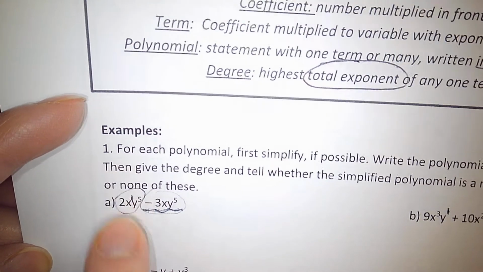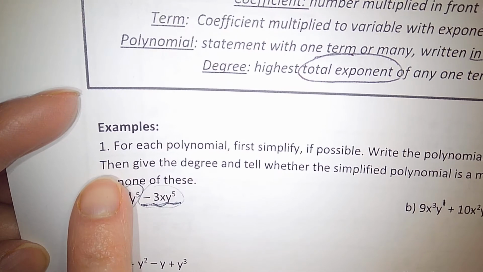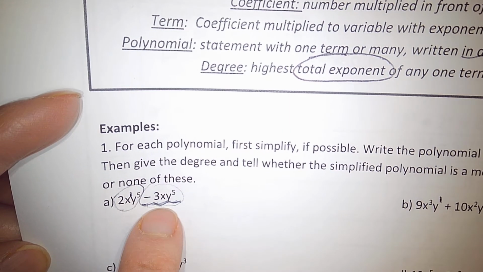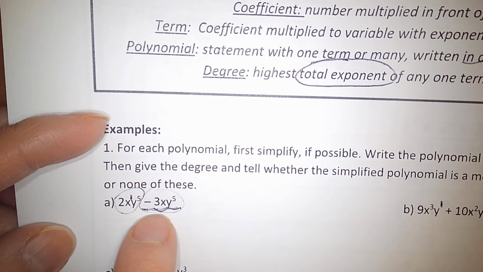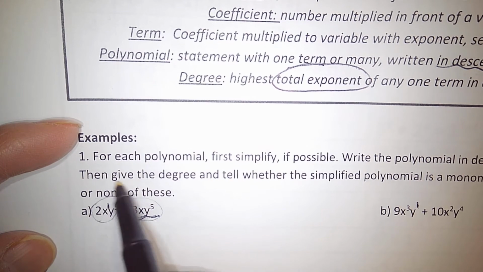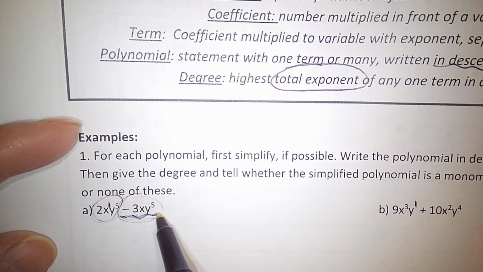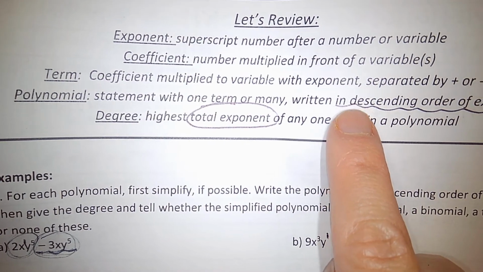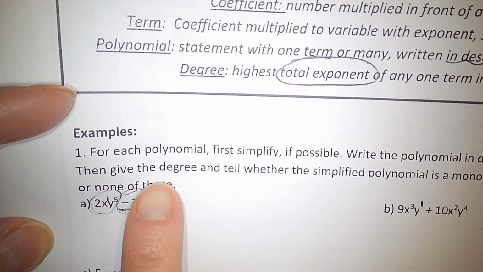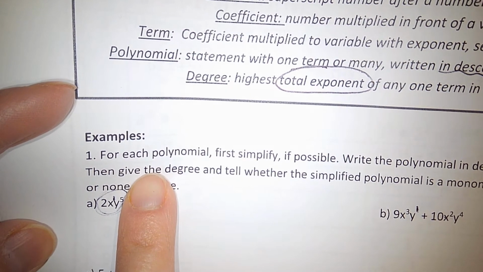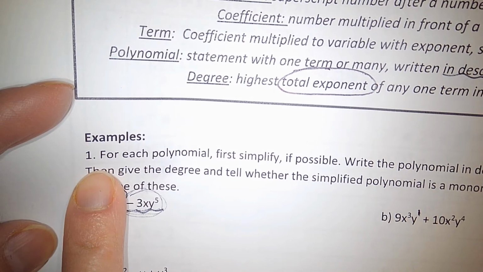So this term has degree 6, this term has degree 6 as well, so they have the same degree, okay? So when we write this down, we don't have to interchange the position of these two terms, because they have the same degree, okay? And usually we write down our answer in descending order, which means the term in front will have a higher degree than the term in the later place, okay?